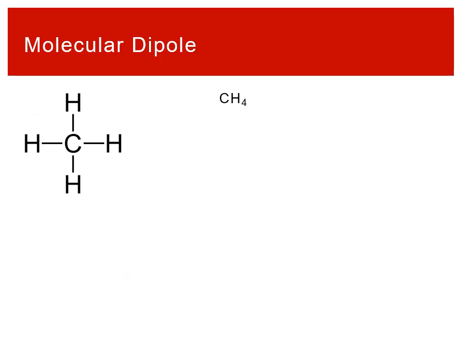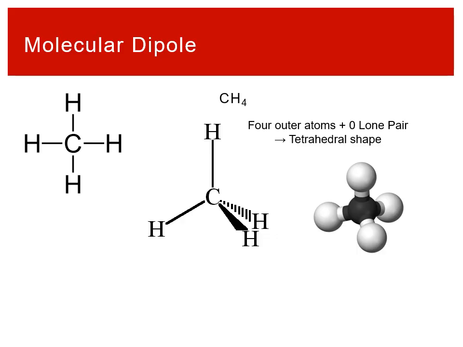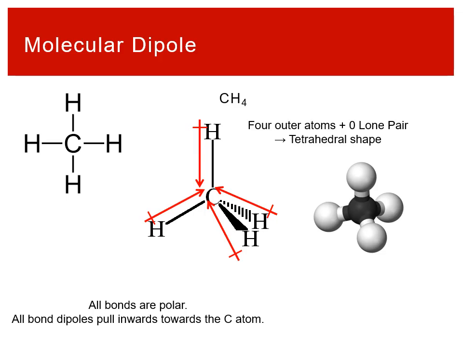CH4, so we can look at that Lewis structure. We know that 4 outer atoms, 0 lone pairs, that's a tetrahedral shape. So we can draw the Lewis structure with either dashes and wedges, or we can look at the 3-dimensional representation of the molecule. If we put the dipoles for the bonds, all my bonds are polar, and all of those dipoles are pulling in towards the carbon atom.